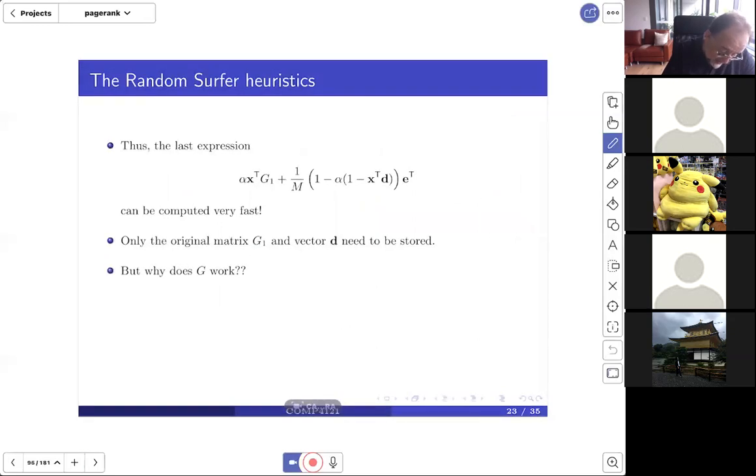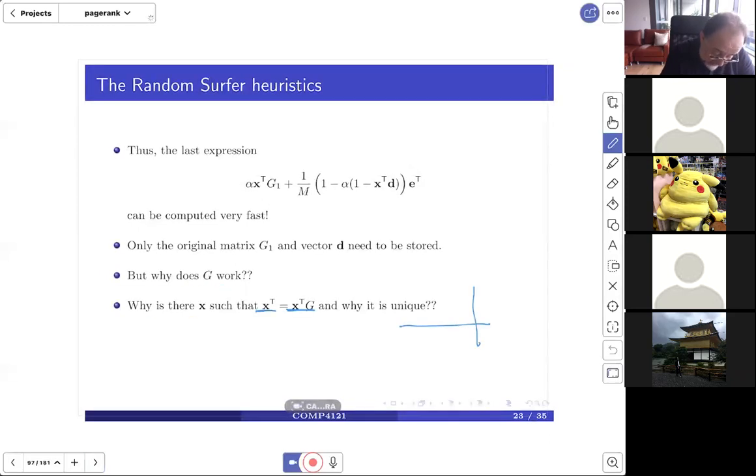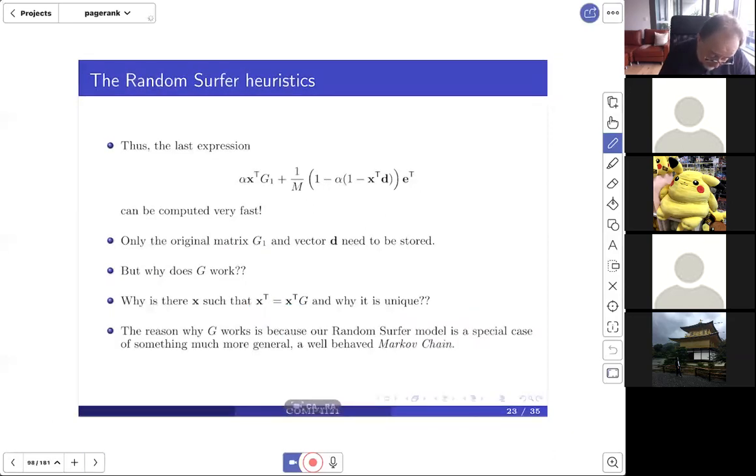Now the question is, why does the matrix G that corresponds to transition probabilities of an impatient surfer work? And of course, why is the solution unique? Remember, the PageRank has to be unique so that there is no arbitrariness in assigning the ranks to web pages.